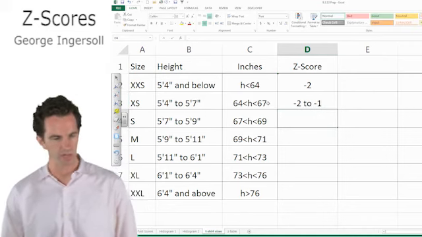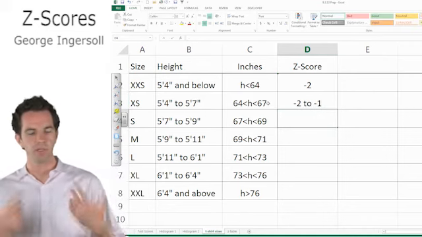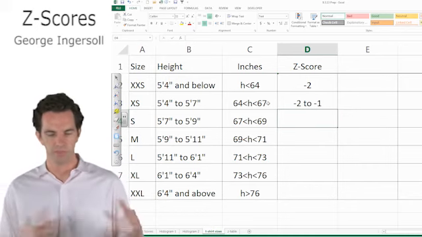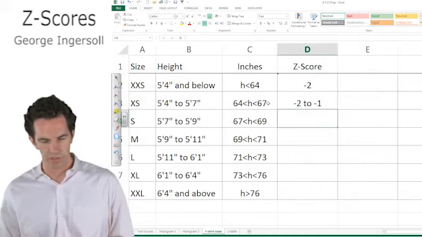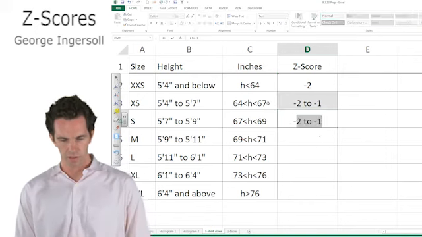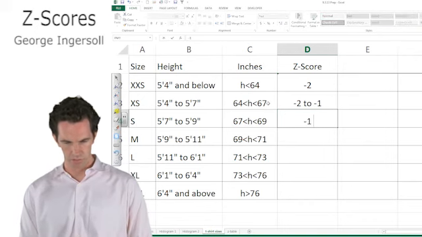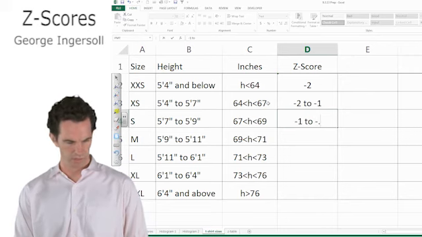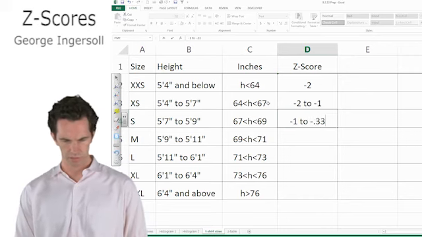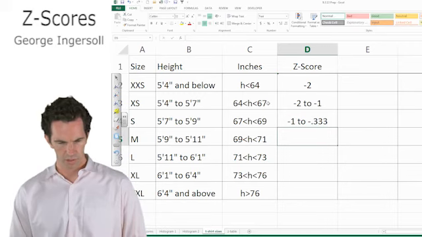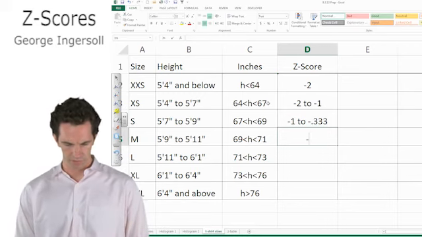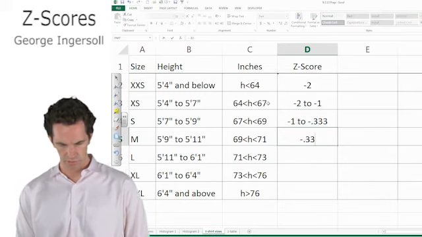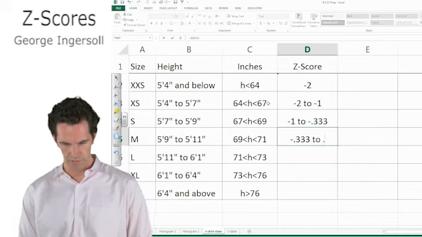So that's the range for an extra small, between -2 standard deviations from the mean and -1 standard deviations from the mean. Here we've got -1 to -0.333, I guess. And then we've got from -0.333 to +0.333.